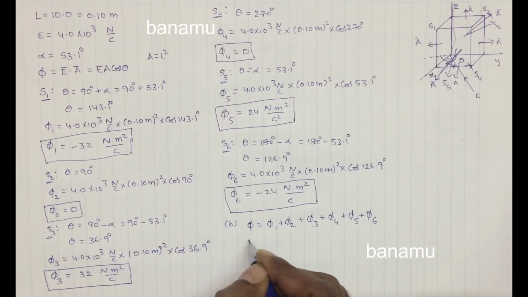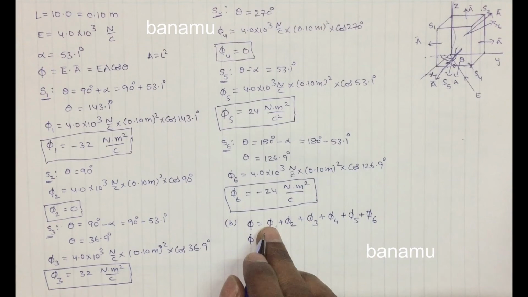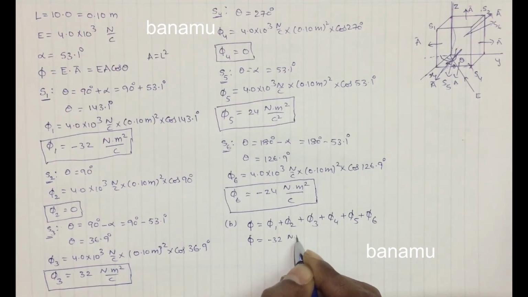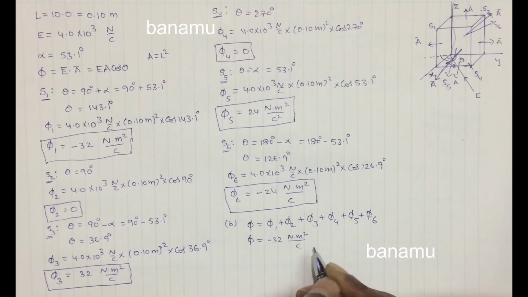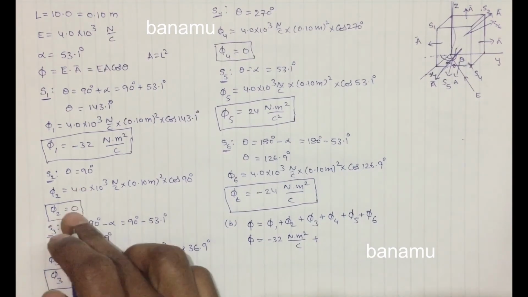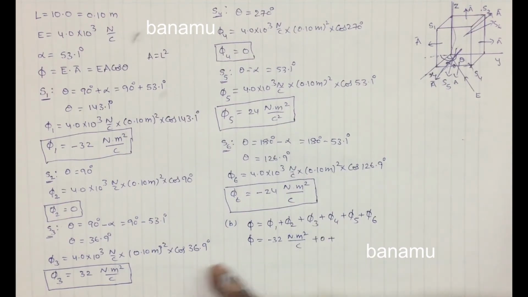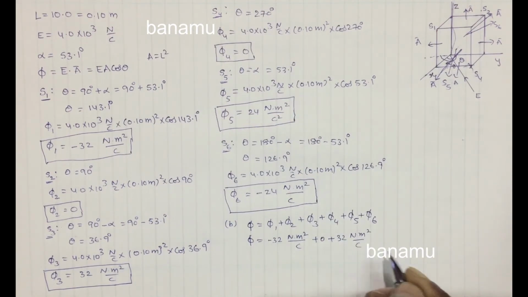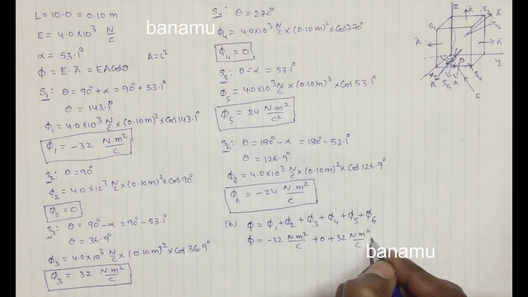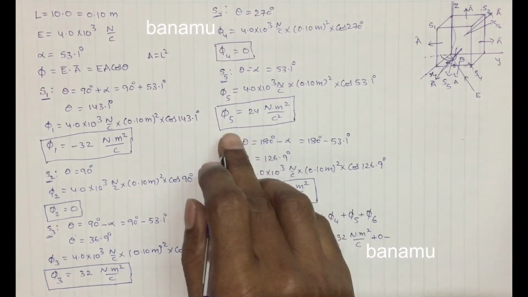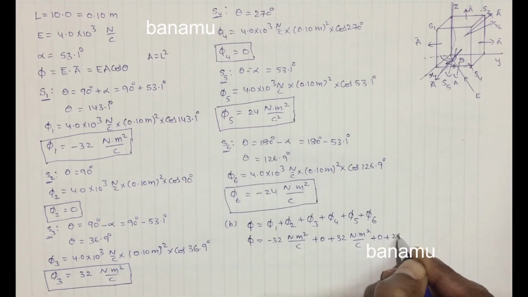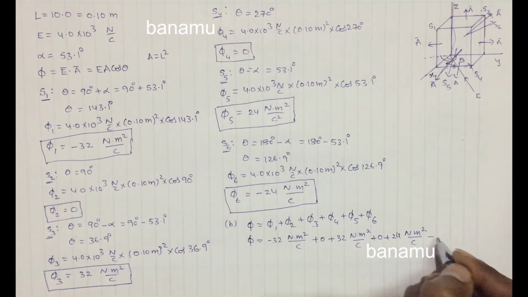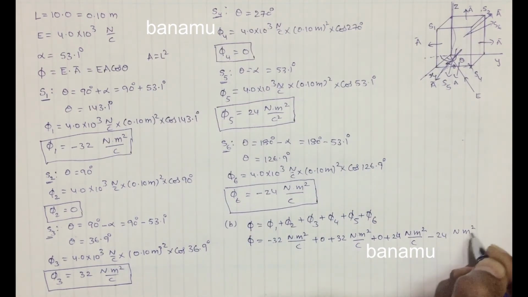So phi is equal to phi 1, minus 32 Newton meter squared per Coulomb, plus phi 2, which is 0, plus phi 3, which is 32 Newton meter squared per Coulomb, plus phi 4, which is 0, plus phi 5, which is plus 24 Newton meter squared per Coulomb, plus phi 6, which is minus 24 Newton meter squared per Coulomb.